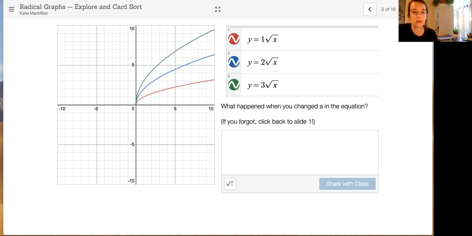Go ahead and move along at your own pace. When you're ready, you can move all the way to slide 4. We'll come back in about 1 minute.